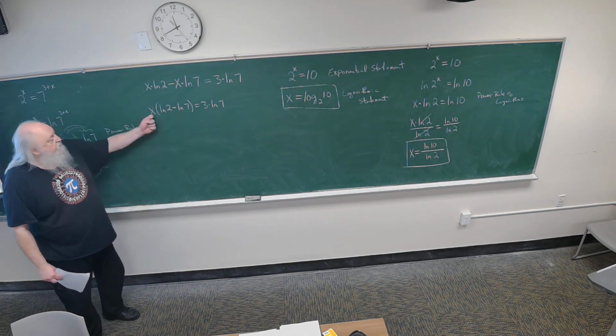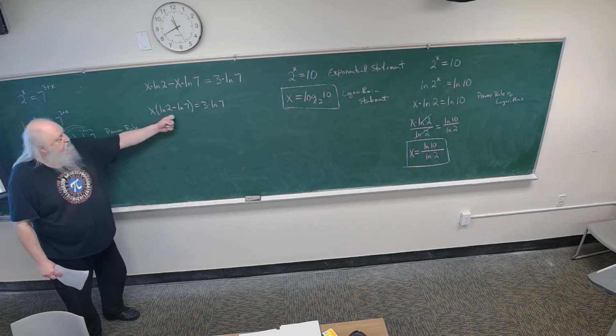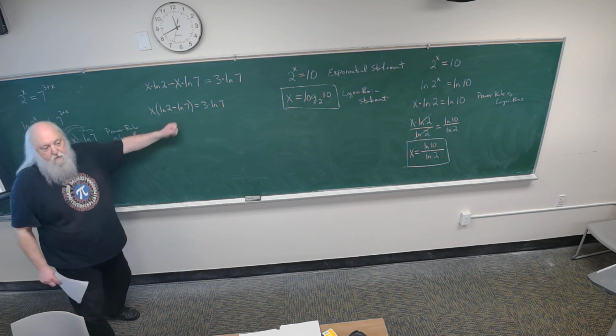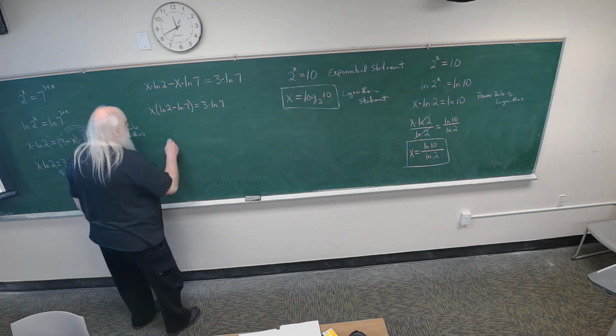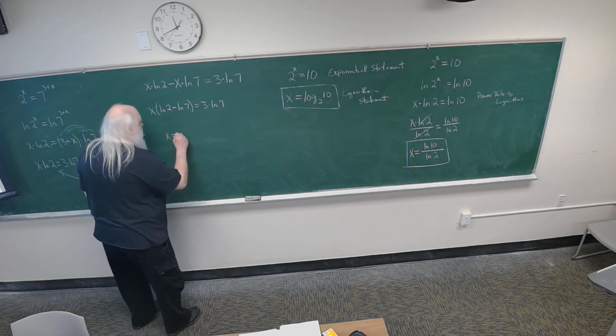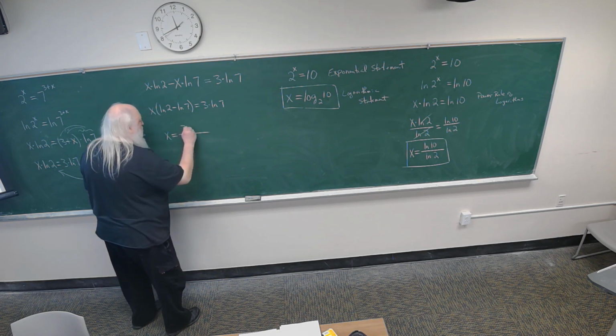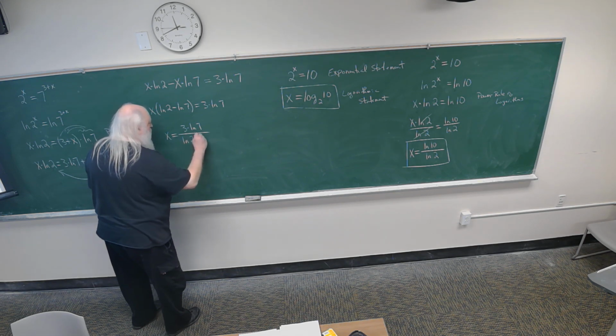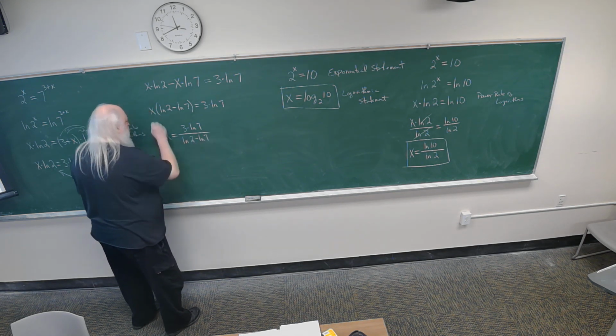And now to isolate x on the left, I just divide both sides by what's inside parentheses, ln of 2 minus ln of 7. And I have x is equal to 3 times the natural log of 7 over the natural log of 2 minus the natural log of 7.